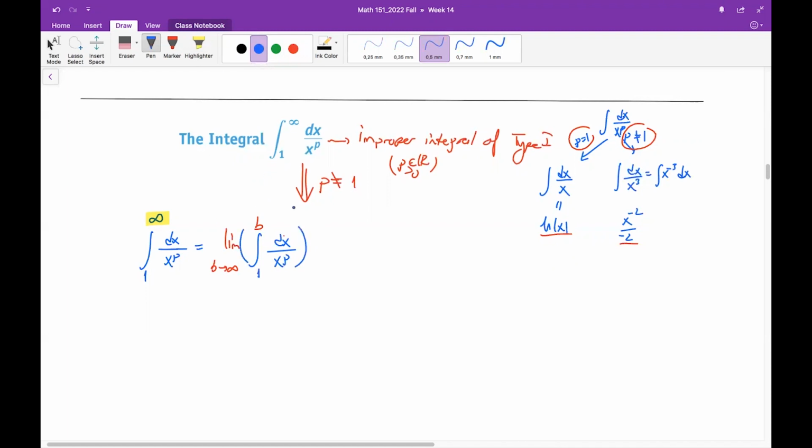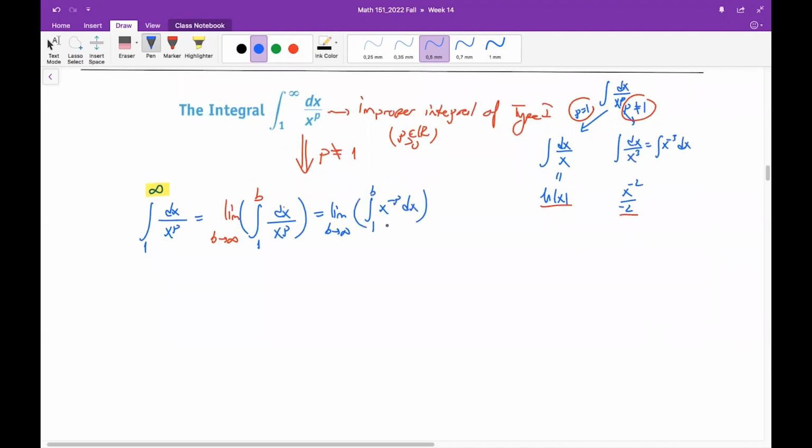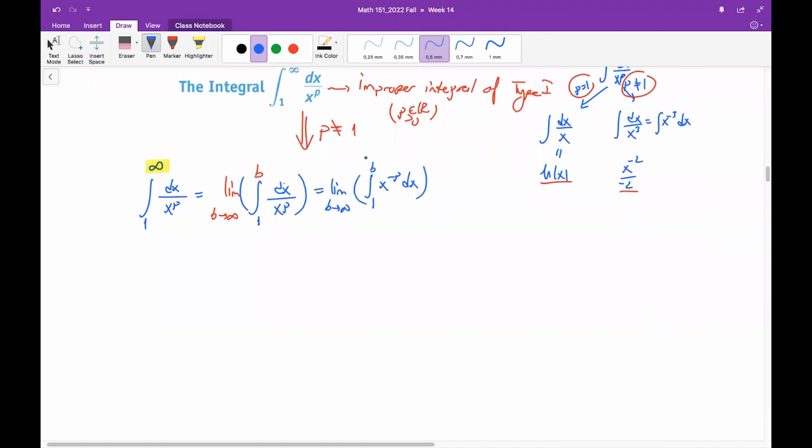So we have limit as b goes to infinity of the integral from 1 to b of x to the power minus p dx. We know how to integrate such power functions. We add 1 to the power and then we divide by the same power. Then it is time to insert the upper and lower boundaries. Then I will take the limit.